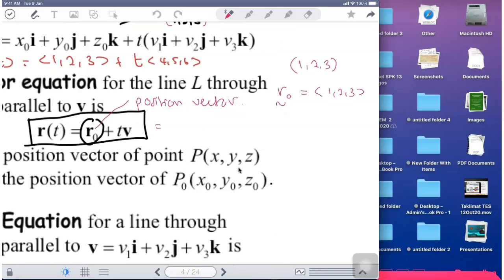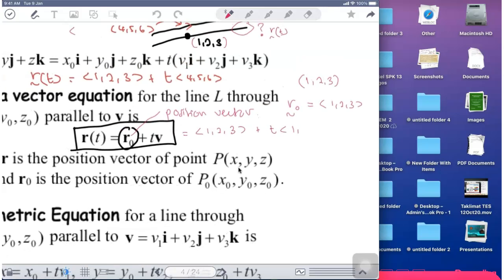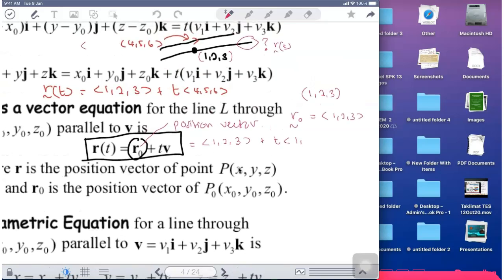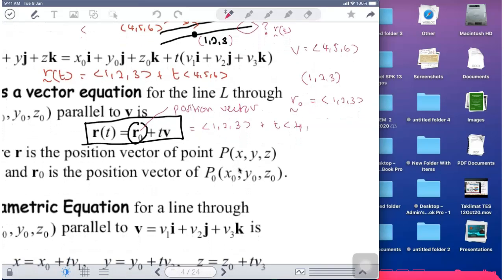Here R naught is 1, 2, 3 plus T multiplied by the vector V. The V here is 4, 5, 6.